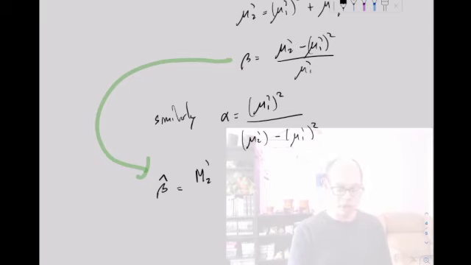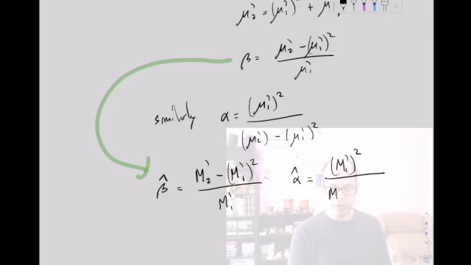Alpha hat is M1 prime squared over M2 prime minus M1 prime squared. Okay, so there we go. We have a couple of estimators.